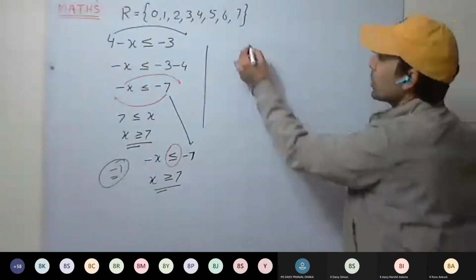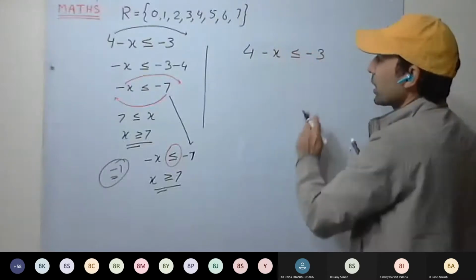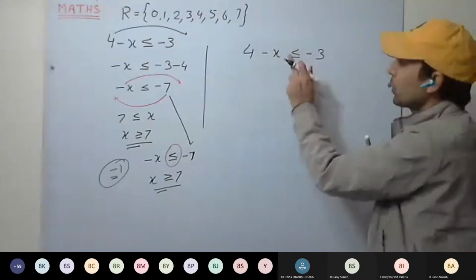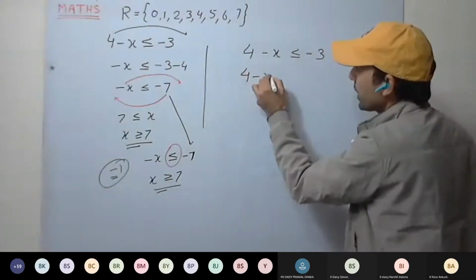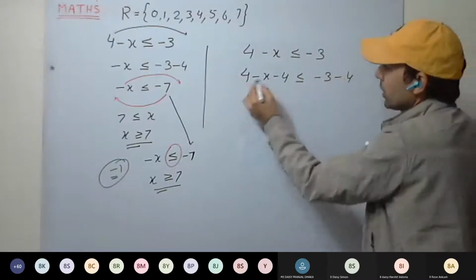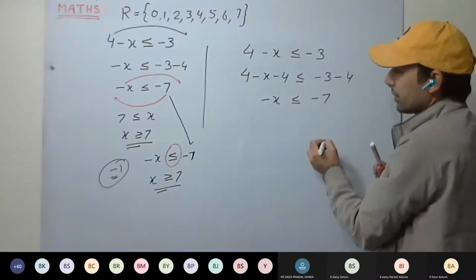Or see here, 4 minus x, this is the other method. We subtract 4 from both sides: 4 minus x minus 4, minus 3 minus 4. It will be minus x less than or equal to minus 7.